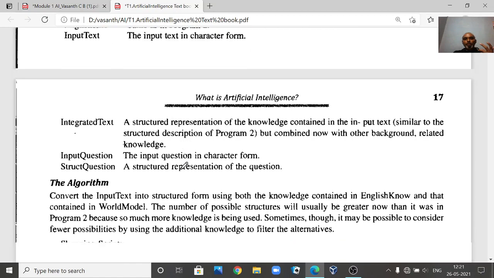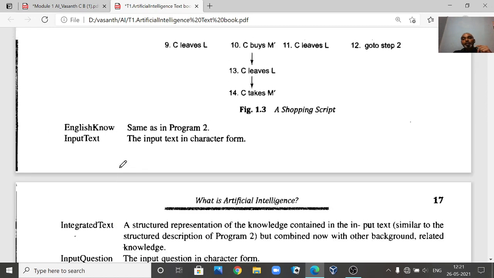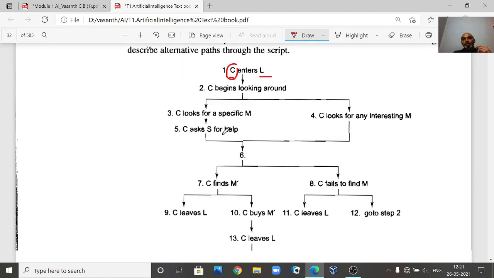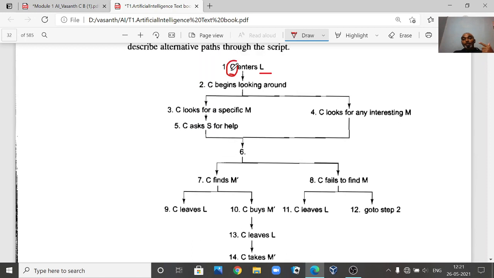In this example, when we are talking about scripts, you will have roles, you will have props, you will have locations, all these things. When it is shopping, we take the roles as customer and salesperson, C and S. Later on, for this customer C, you can substitute Rani. When you replace it with Rani, then she is entering, right?